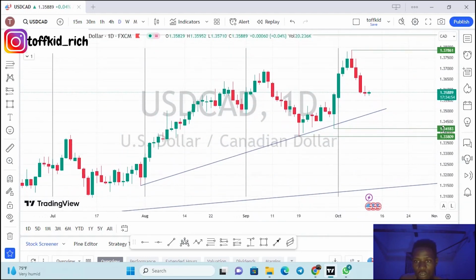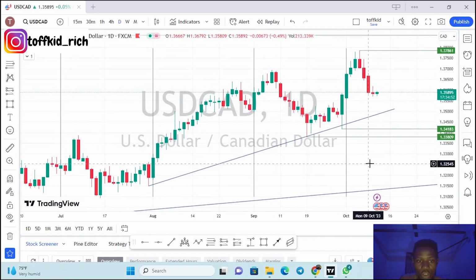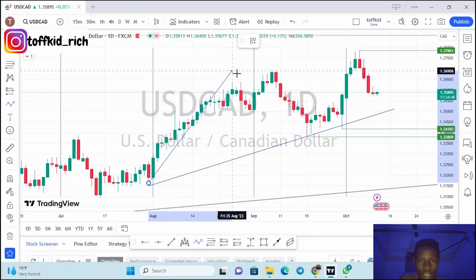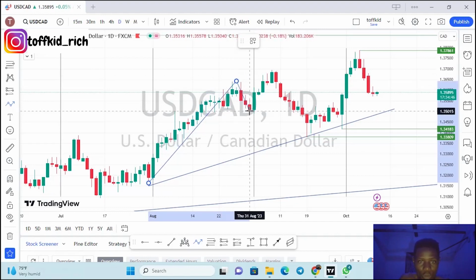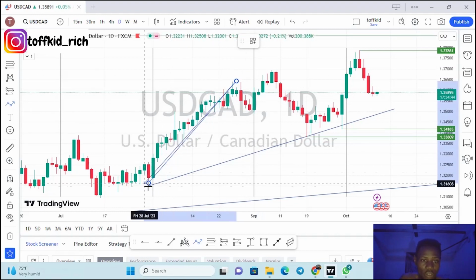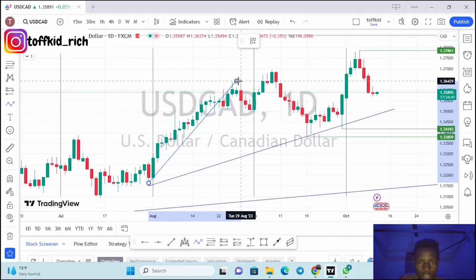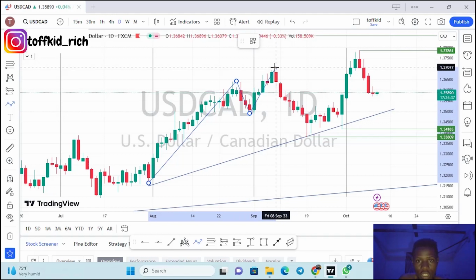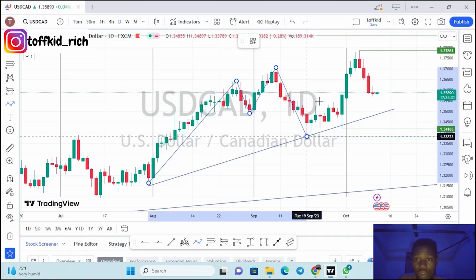So now on the daily time frame, you can clearly see how the market is moving. We have our low here, we have our low right here, and then we have our high right here, and now we have our higher low, and then this is our higher high.